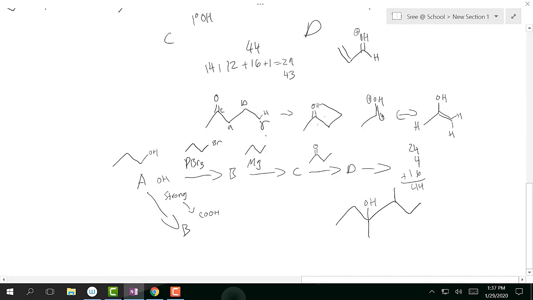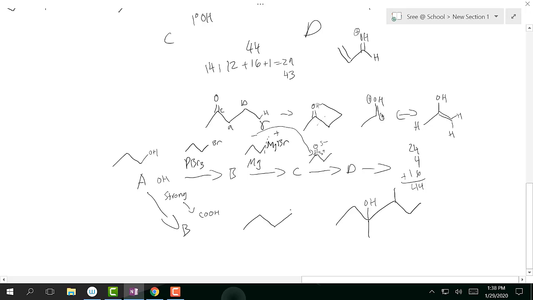Okay, so anytime you have MgBr, whatever is right next to it, that's your nucleophile. So the ethyl is what you're attacking right here. Because there's a partial positive here, there's a partial negative here. So when you open it up, it looks like this. So that carbon, drawing a bond to that carbon.